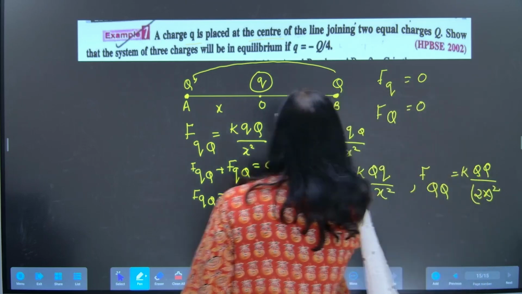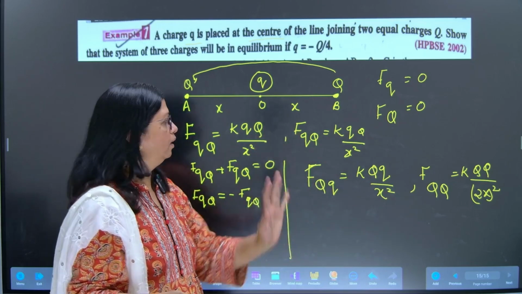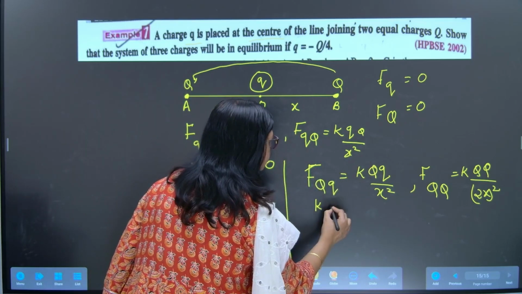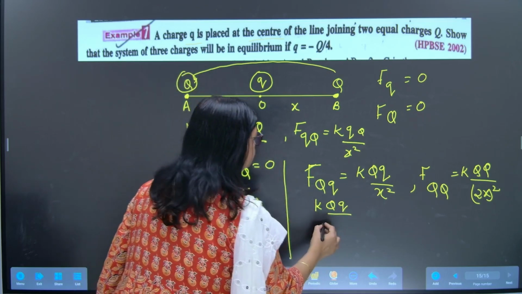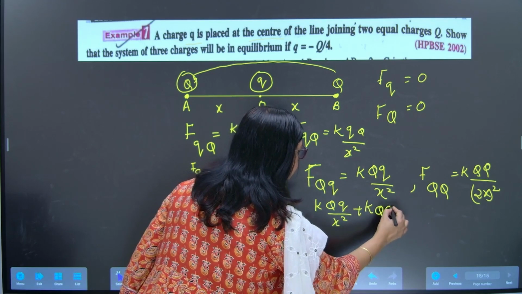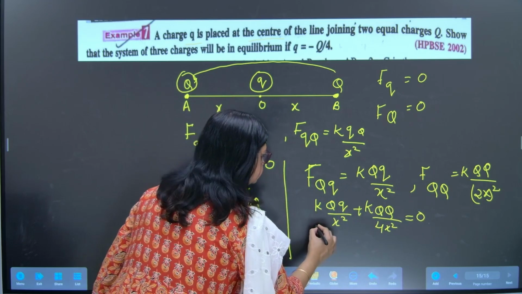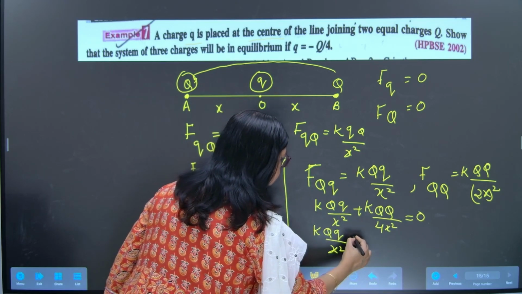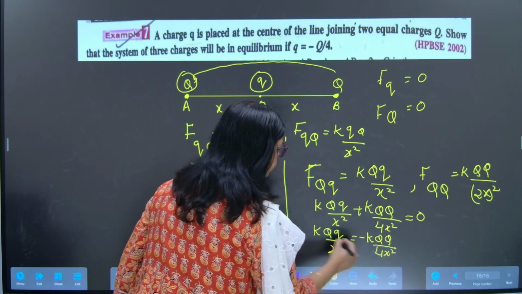Why? Because the distance between these two charges is 2X, and I square it, so it becomes (2X) squared. Now let me add these two forces such that we get the total force on this charge equal to 0. This is a simple way of doing the maths.